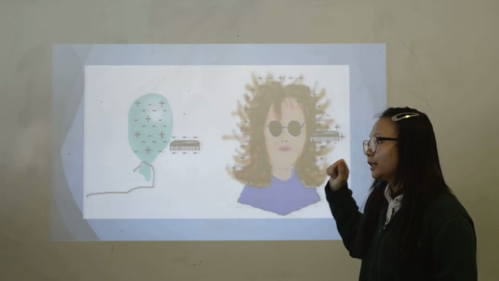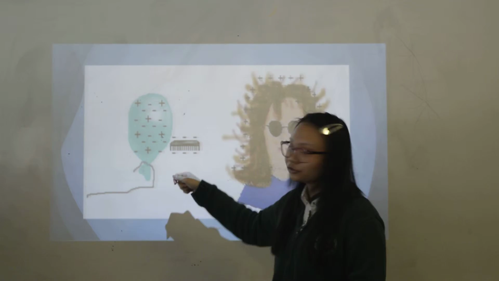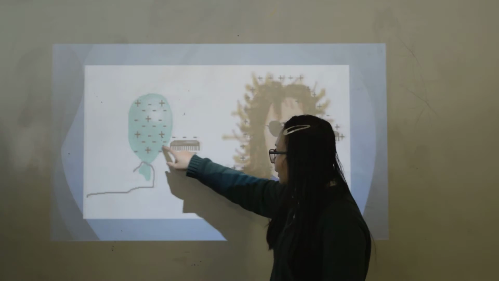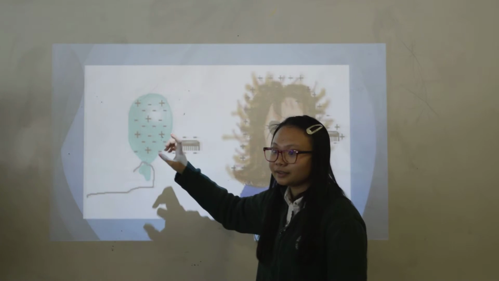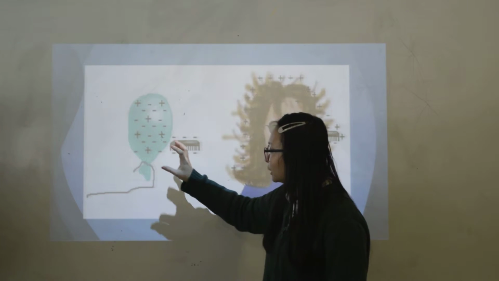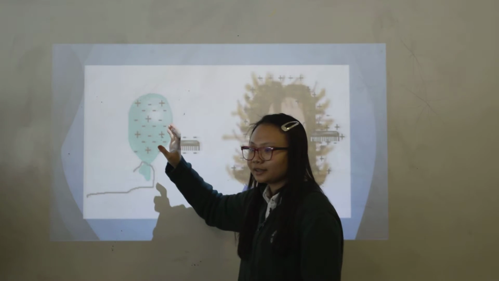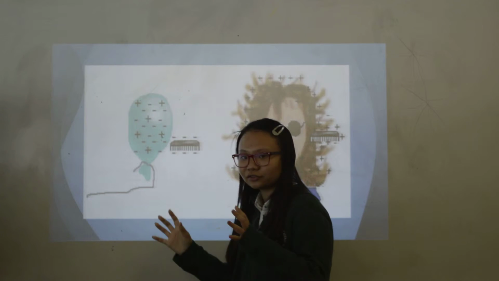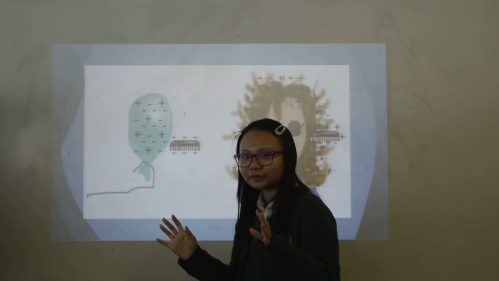If you put the brush near a balloon, which was not charged before, you may think that the positive charge is being attracted, but it actually is not, because positive charge is immovable, so it cannot be moved.